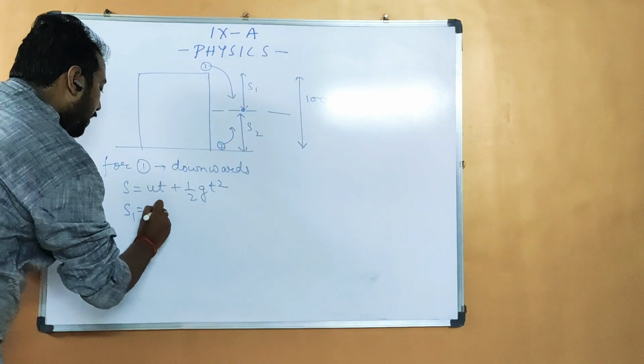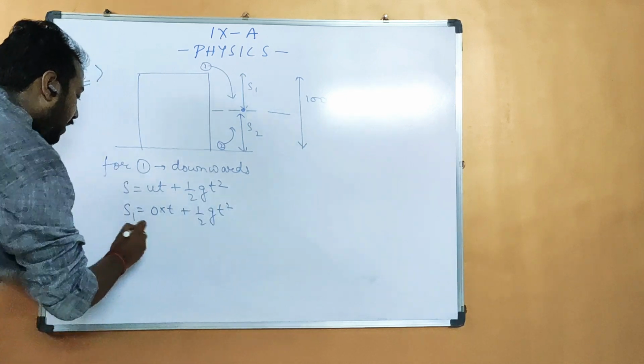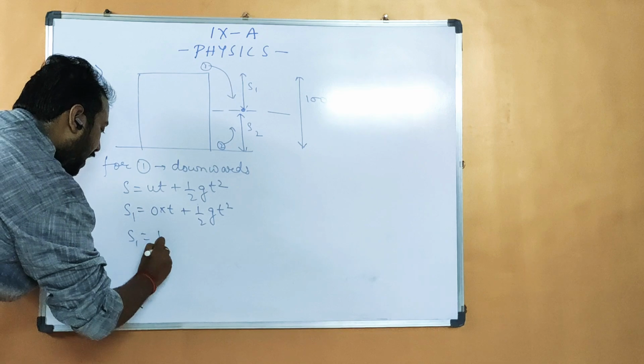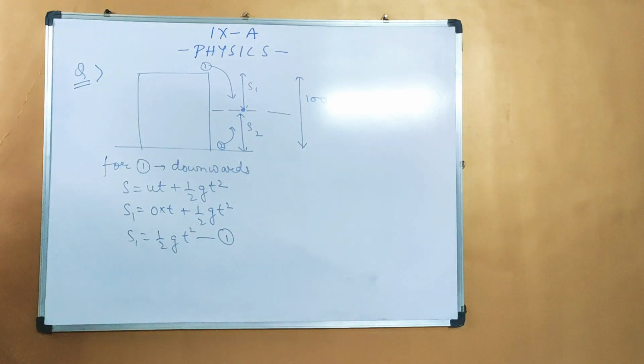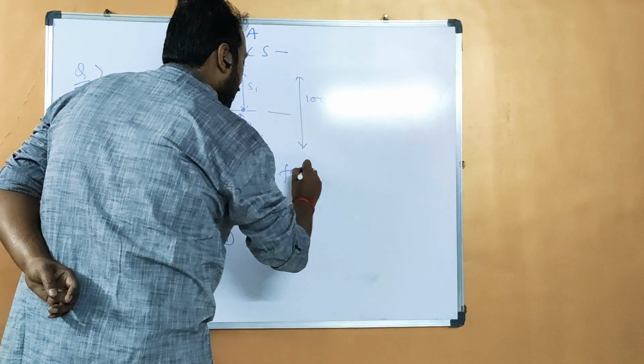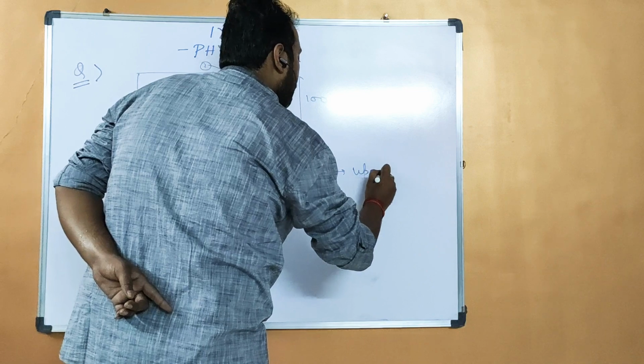So it will be 0 into t plus half gt square. That means S1 = half gt square. This is equation 1.